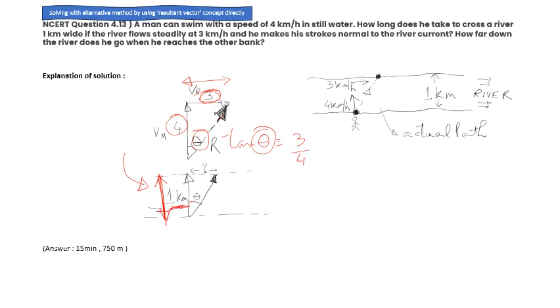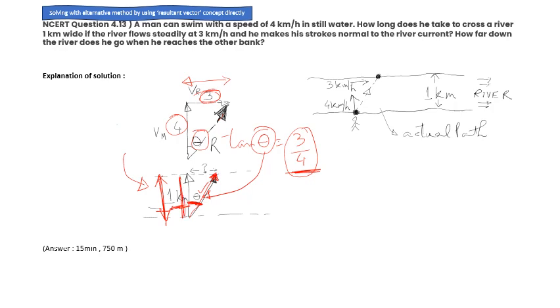We know that the man will make an angle, this same angle theta which we found out here, which is the inverse tan of 3 by 4, and you will get the angle. So this is the angle that the man will make. Once we know this angle, we will know where he will hit the other side of the river. It's simply geometry. We know this angle. We know that this is 1 kilometer.